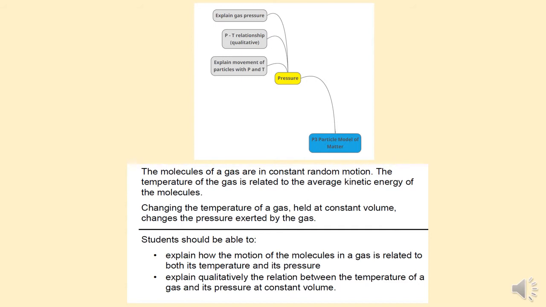You should be able to explain how the motion of the molecules in a gas is related to both its temperature and its pressure. And you should be able to explain qualitatively the relationship between the temperature of a gas and its pressure at constant volume.